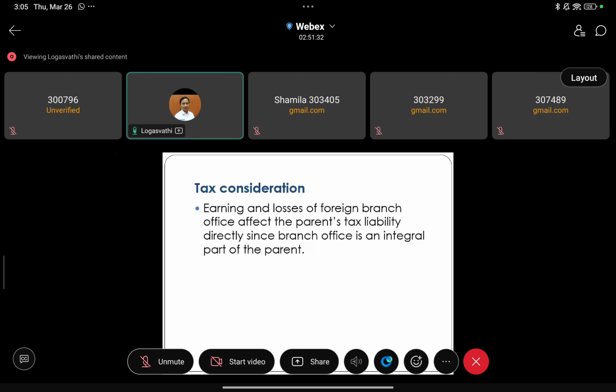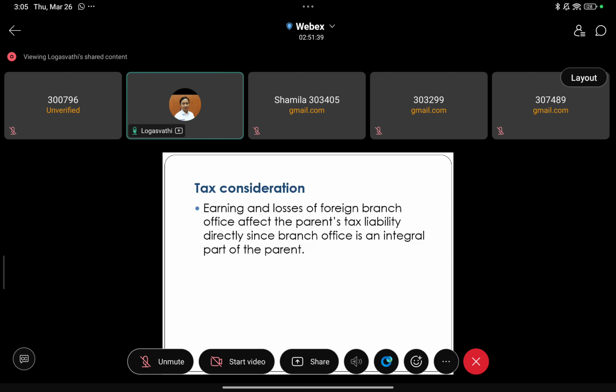Let's say CIMB wants to open a branch in Brazil, and Brazil has a very high tax rate. It will definitely impact CIMB Malaysia, because CIMB Malaysia has to support CIMB Brazil in the first few years. If the business in CIMB Brazil is not so good but they have to pay very high tax, who needs to support that? Definitely the parent company in Malaysia.